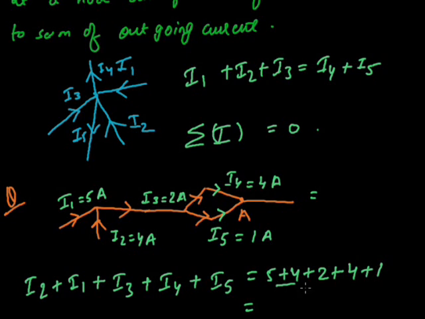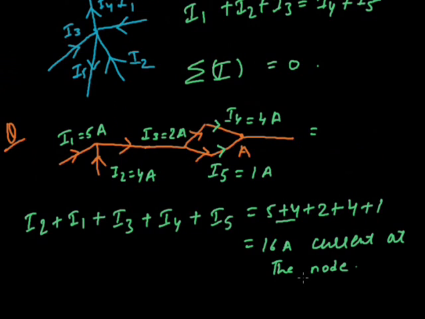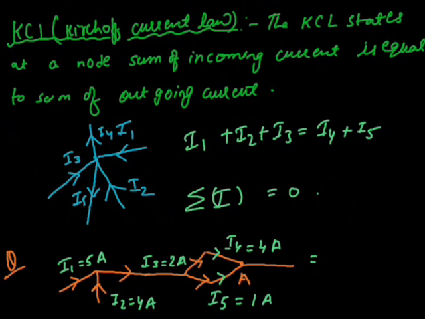This is equal to 16 ampere. This is the current at the node. This is the basics of KCL.